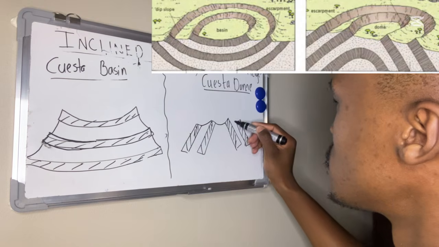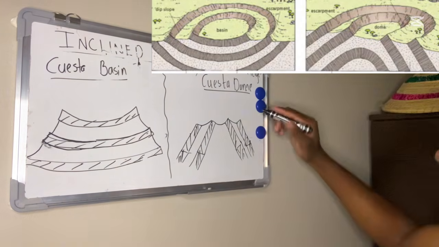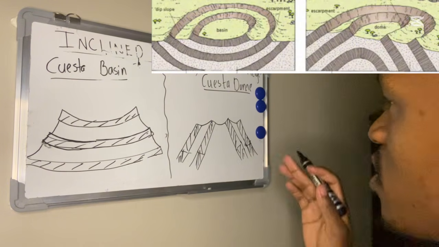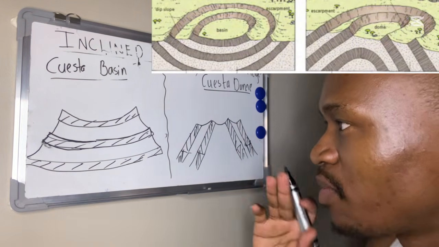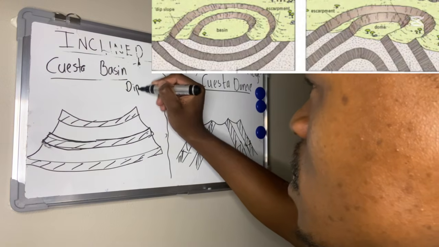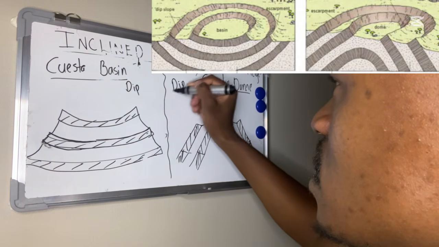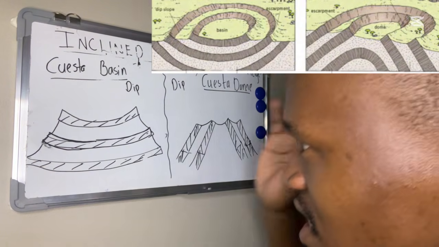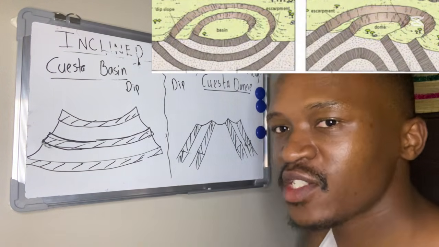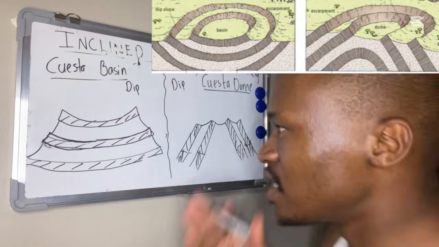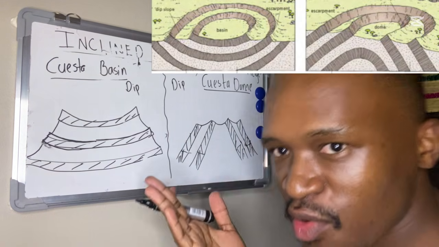Now these two diagrams, number 1 represents my basin, number 2 represents my dome, right? The best way to tell the difference is by looking at the dip slope and the scarp slope. But I want you guys to look at the dip slope first, because if you can find the position of the dip slope, then obviously we'll know where the scarp slope is, right?